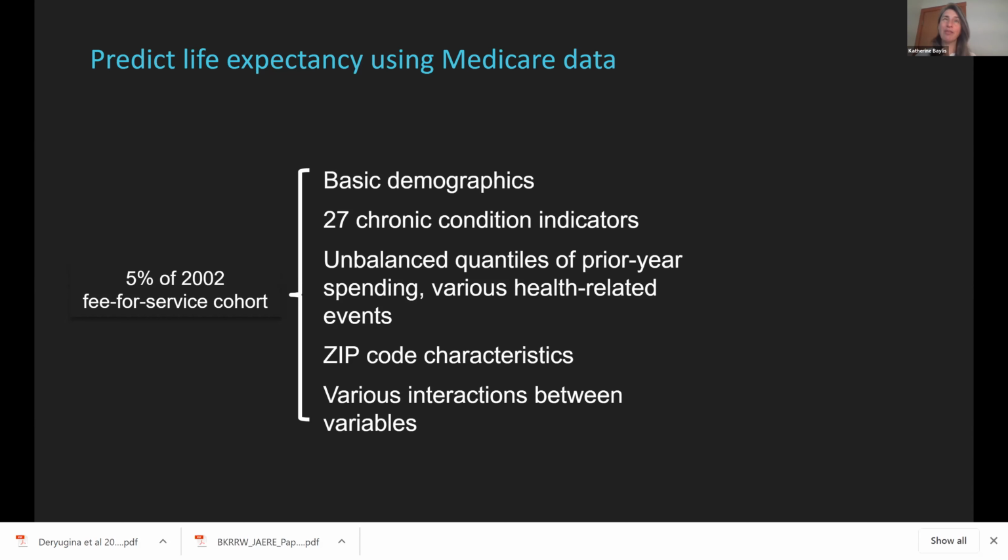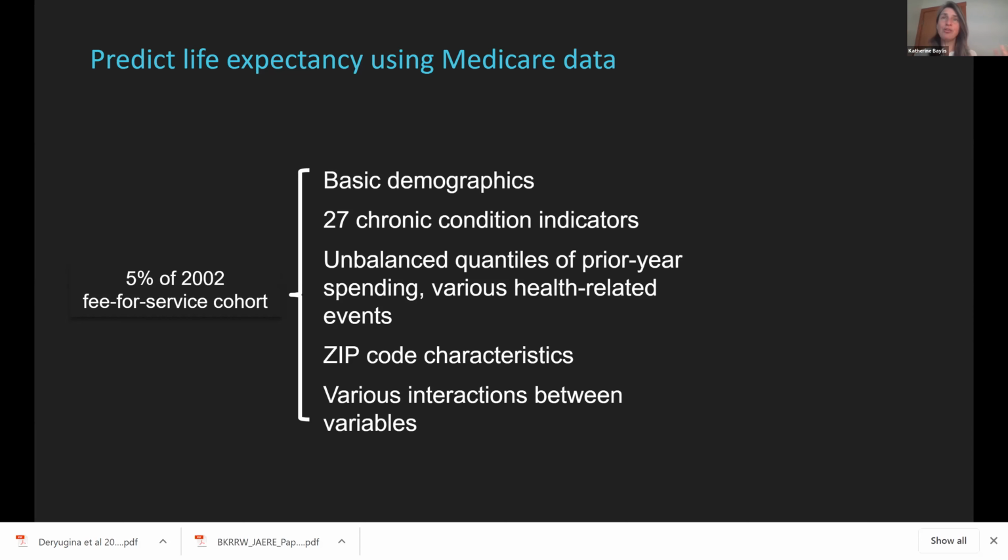They basically have a couple thousand possible variables, or I might be out by an order of magnitude. But it's in the thousands anyway of potential variables. So they have this setting where they want to impose some dimension reduction, but they also know they have this highly nonlinear functional form as well.